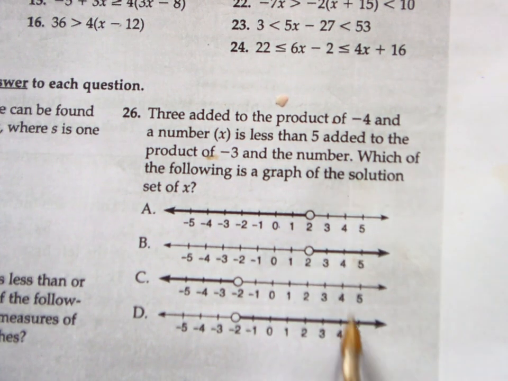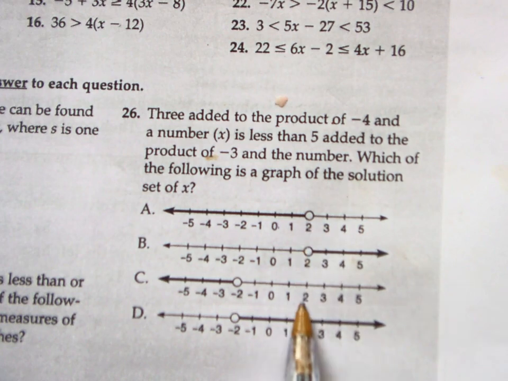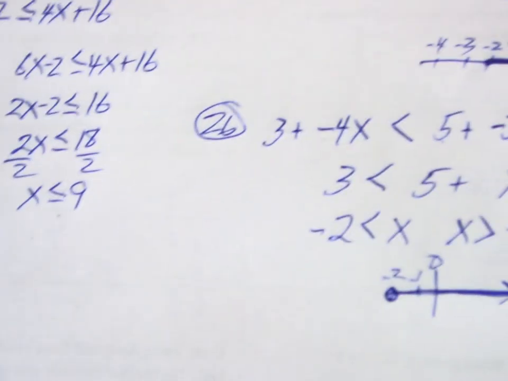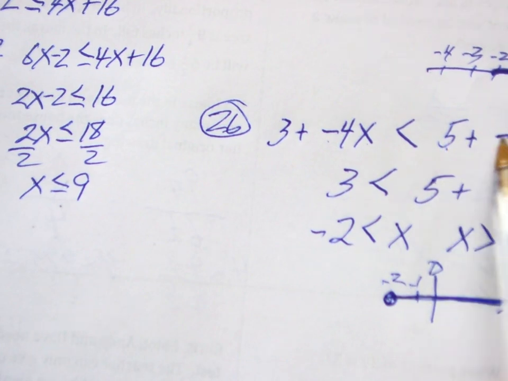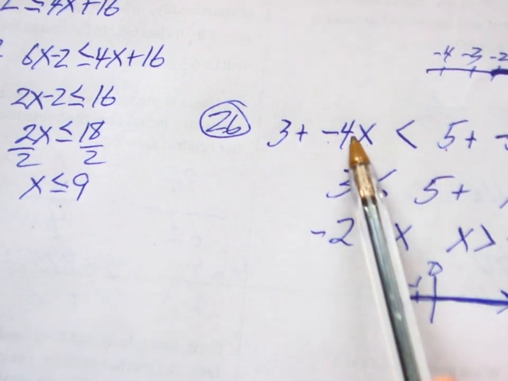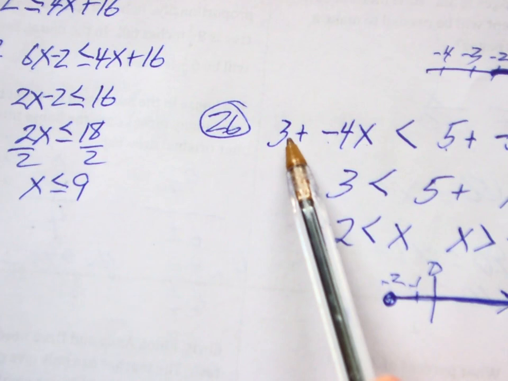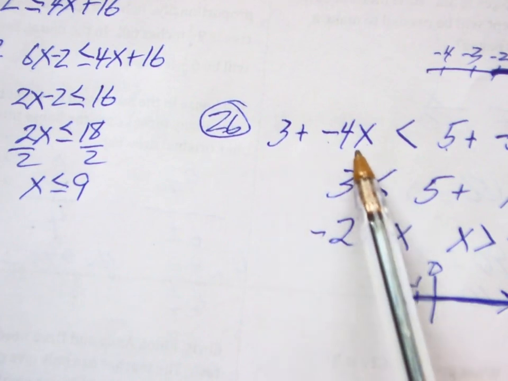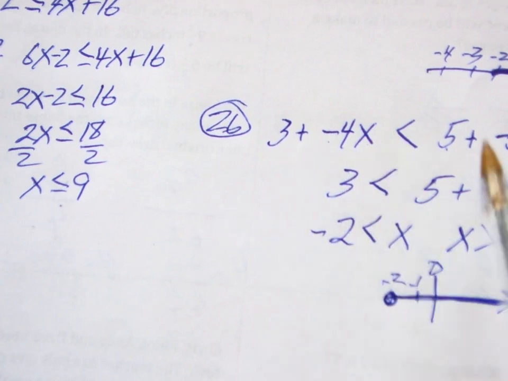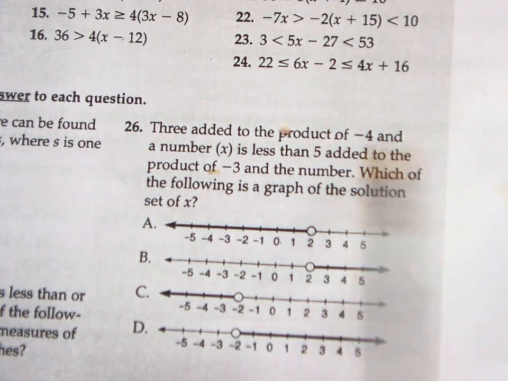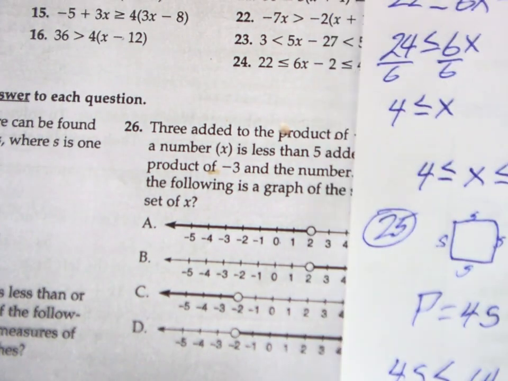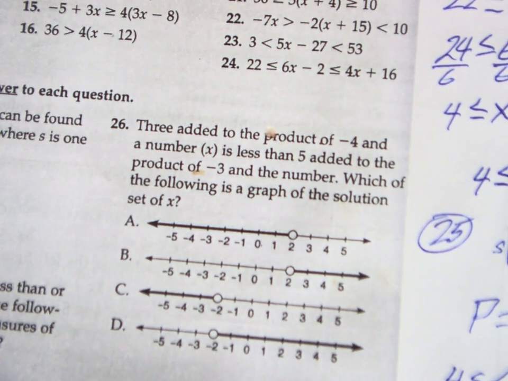It's got to be A or D. 5 minus 15 is -10. This is -20, -17. -17 is less than -10. Yeah, so that works. Anyway, you didn't have to check it. You just have to find the right one, and we found the right one. Got it?